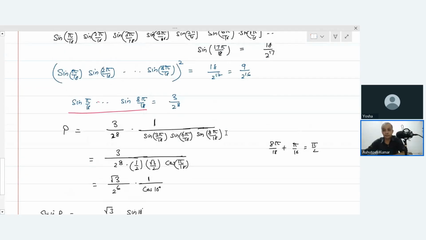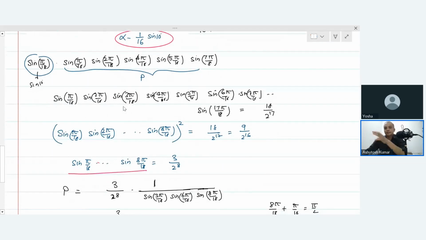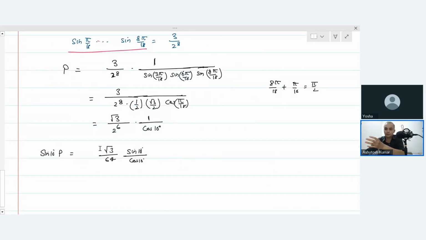But the problem is, I told you, this part is the problem. I need this thing in the form of alpha minus 1 by 16 sine to the power 10. So suppose you are preparing for advance. Actually, not suppose, you are already preparing for advance, I'm wishing. So the thing is that maybe they can ask this kind of question in the multiple correct, that this is also a correct choice.